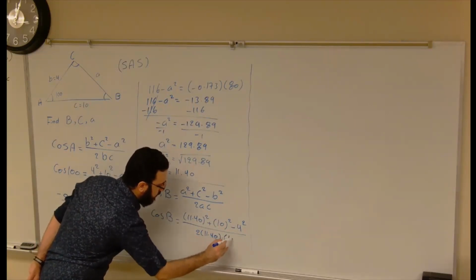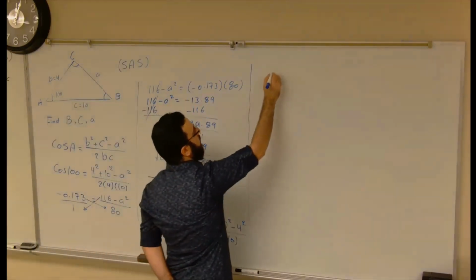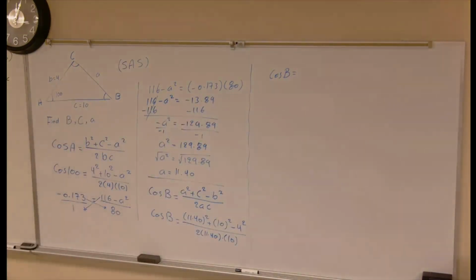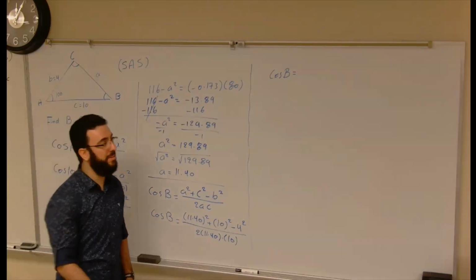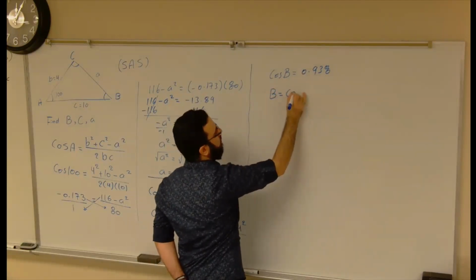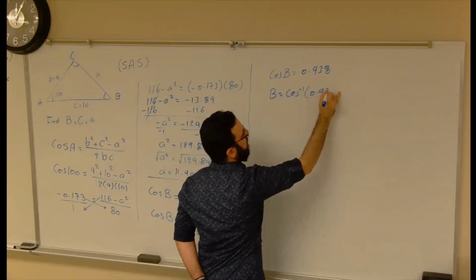That means cosine B is going to be equal to what? 0.938. That means B is going to be cosine inverse of 0.938.